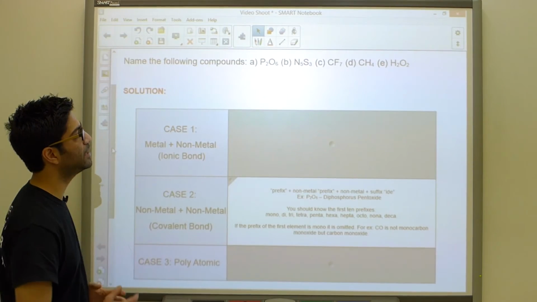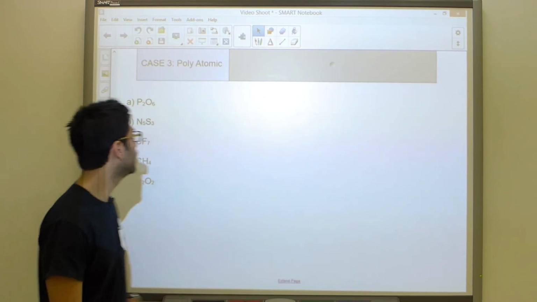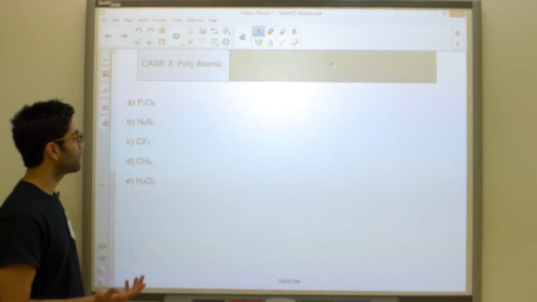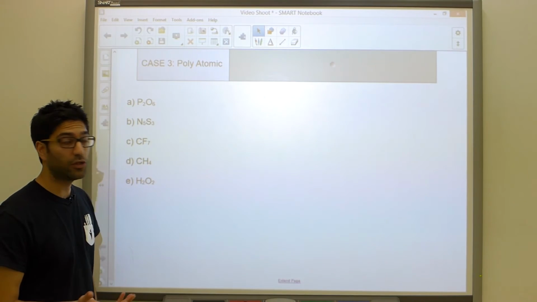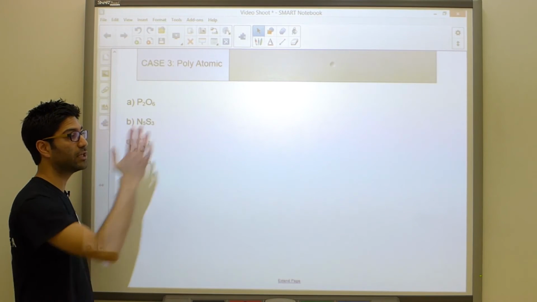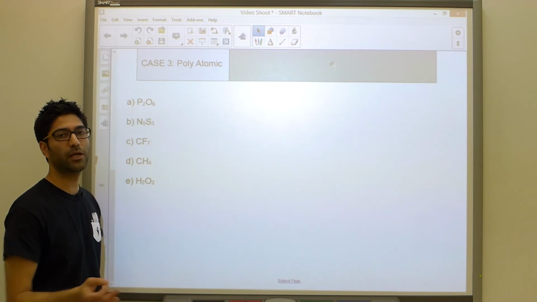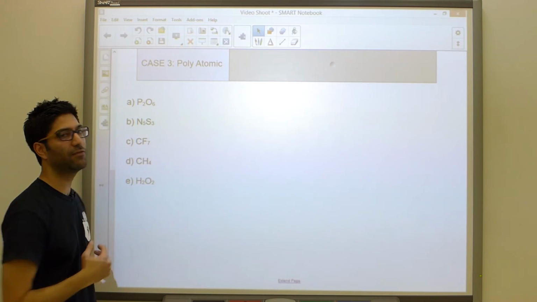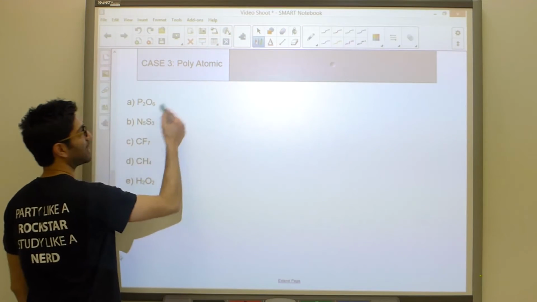So let's take a look at each one of these 5 individually. So we have P2O6. The first thing we're going to do is classify this, locate your P and the O on the periodic table, and convince yourself that these are both nonmetals. Of course, the names are going to be given to you, so you don't have to memorize them. And we kind of saw an example similar to this.